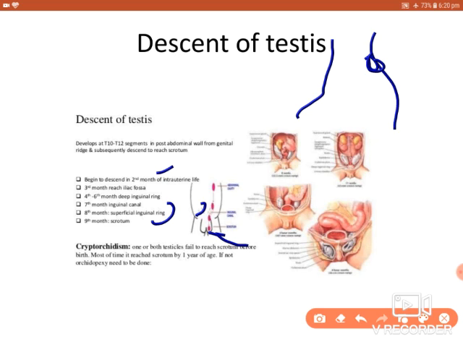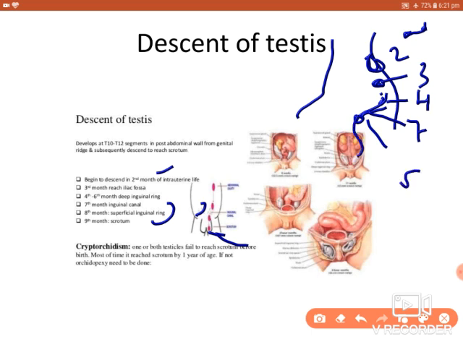It starts to descend from the second month of intrauterine life, then reaches the iliac fossa at the third month, then reaches the deep inguinal ring at the fourth month, then travels the inguinal canal at the seventh month, then reaches the superficial inguinal ring at the eighth month, then reaches the scrotum at the ninth month. That's about the descent of the testis.